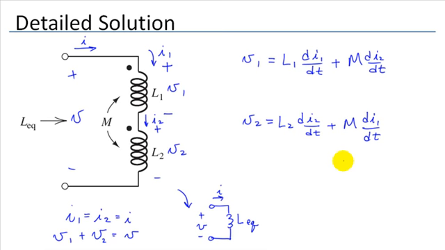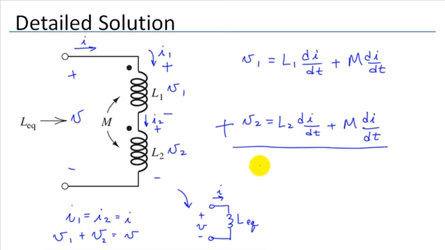Now what do we do next? Come back here for a moment. Recall that I1 and I2 are equal to each other, and they're actually equal to I. So I'm going to drop the subscripts. And the sum of the two voltages is that voltage V associated with our equivalent inductance.